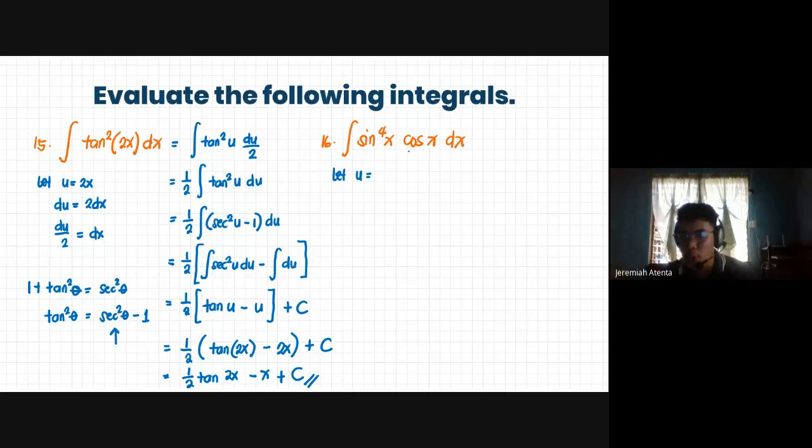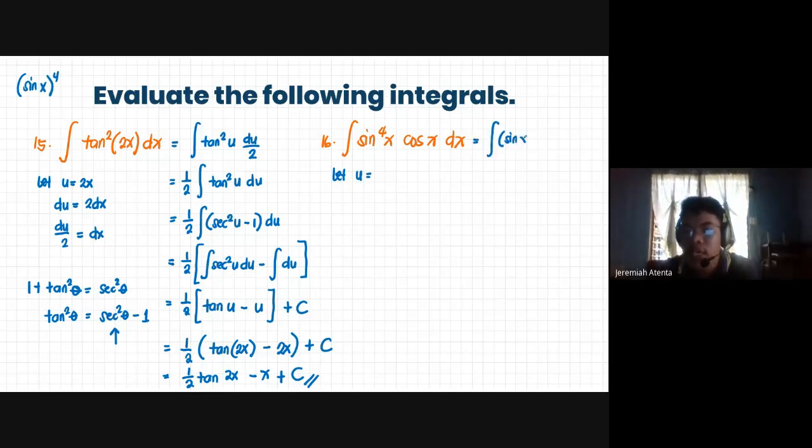Is it sine or cosine? Take note, sine to the power of 4x means you have sine x to the power of 4. So this can be written as the integral of sine x to the power of 4 cosine x dx. If you choose cosine as your u, then we will have negative sine x.